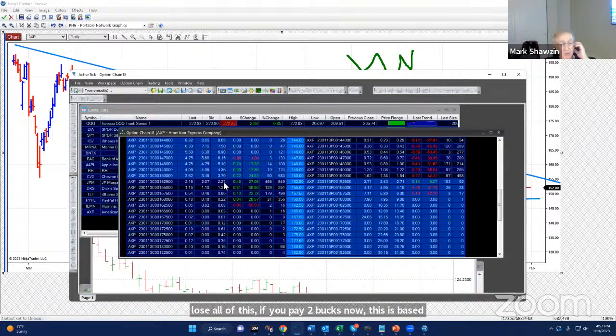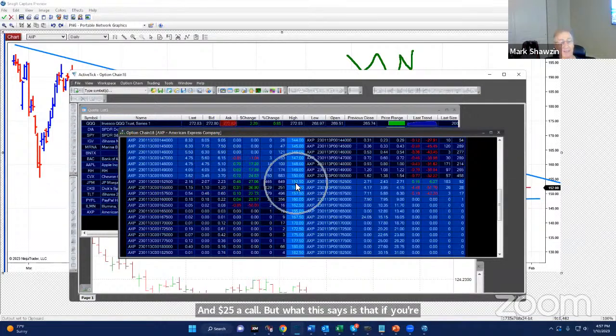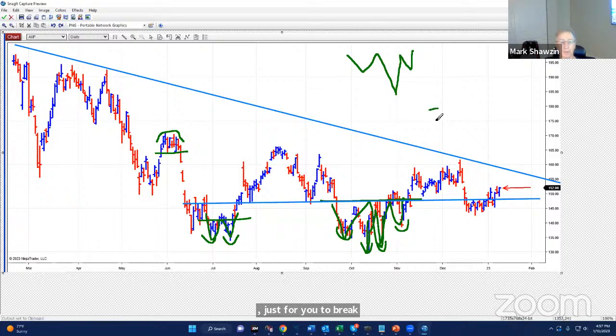So this is $225 a call. But what this says is that if you're paying $225, you have to add it to the strike. So effectively, your break even is $155. So this thing has got to go up $3 by the end of the week just for you to break even. So my whole thing is that if I'm going to pay $225 for a call, I want to make at least 3 times my money.